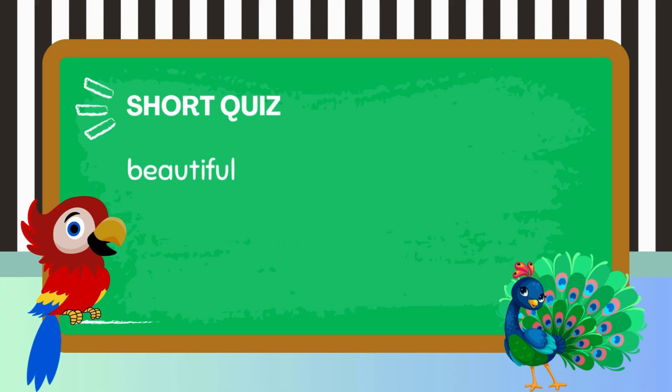So colorful animals. We have a parrot and a peacock, and the adjective given is beautiful. Is this a short adjective or a long adjective? What is the comparative form for beautiful? Yup, you are correct.